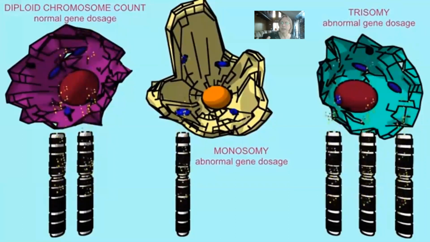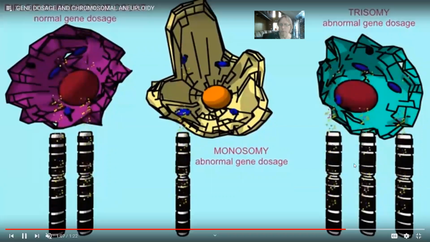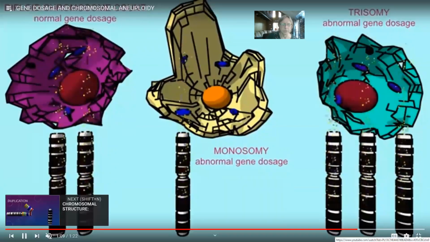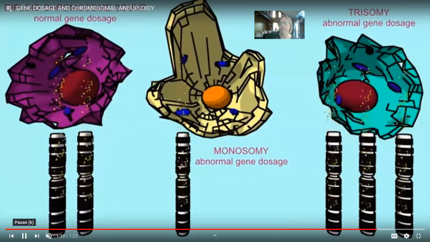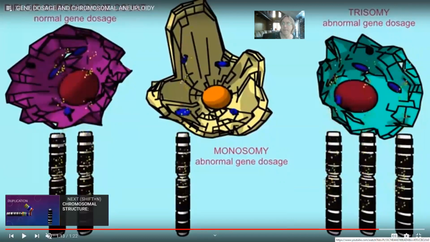If you start to change the levels of all of these proteins from that chromosome, obviously that makes it very difficult for embryos to develop normally. So gene dosage is a big reason that having extra chromosomes or missing chromosomes can affect phenotype.